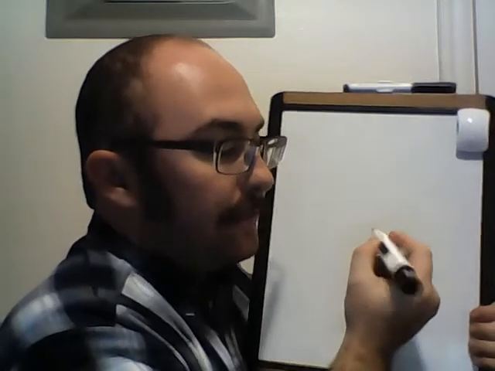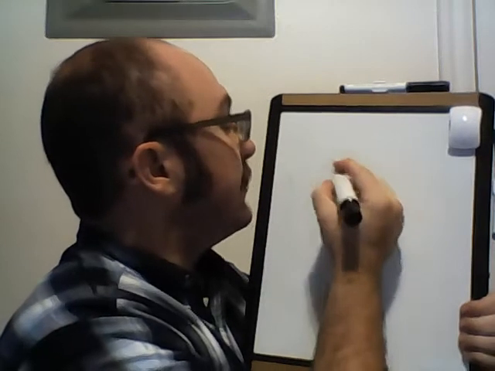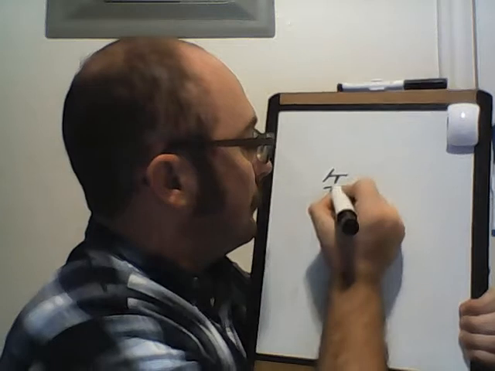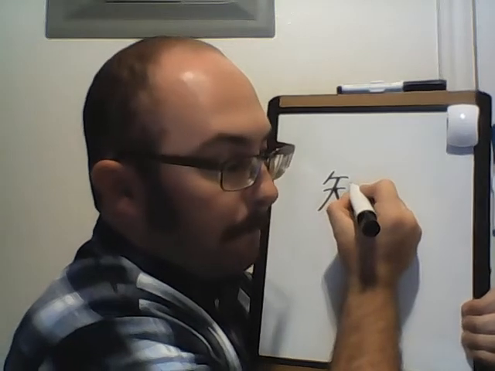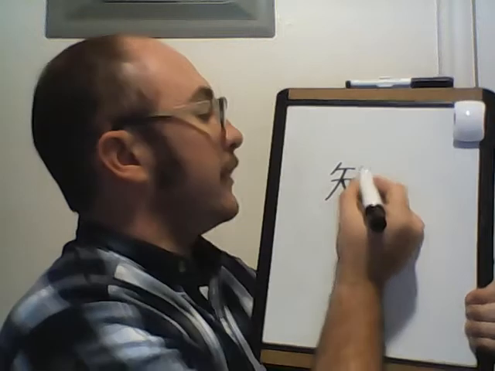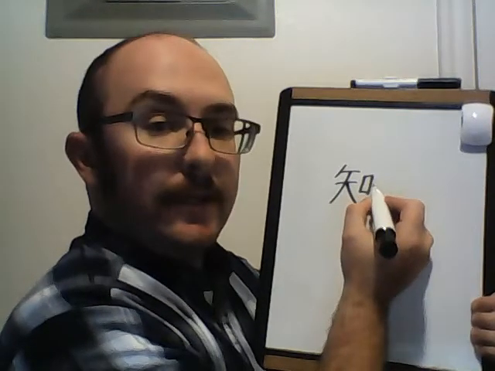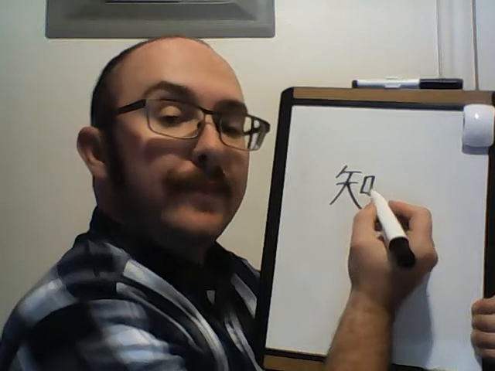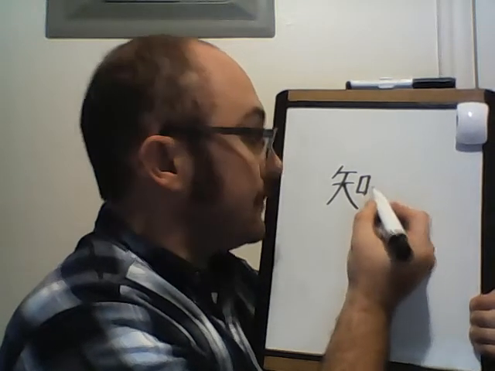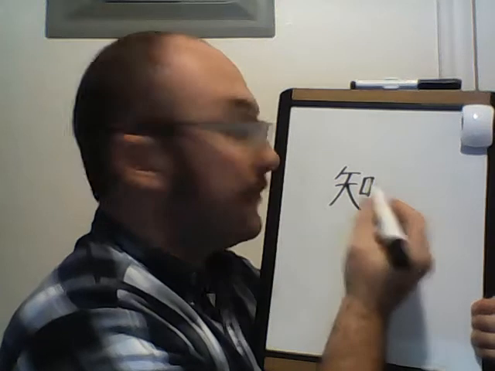Alright, so this next verb, very useful verb, 2-character verb. Is that 口, we talked about in the last video. In this situation, it's referred to as a 口字旁, because it's next to the character.